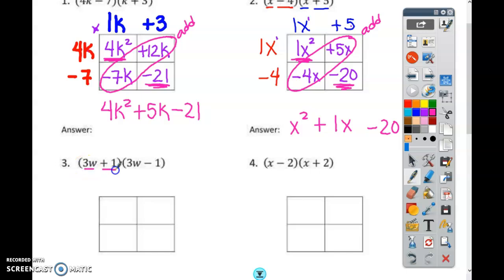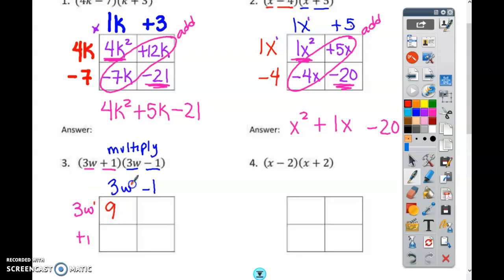You're going to put this on one side, 3w plus 1. You're going to put the other one on the top, 3w minus 1. And then you multiply. So I'm going to multiply these two. 3 times 3 is 9.